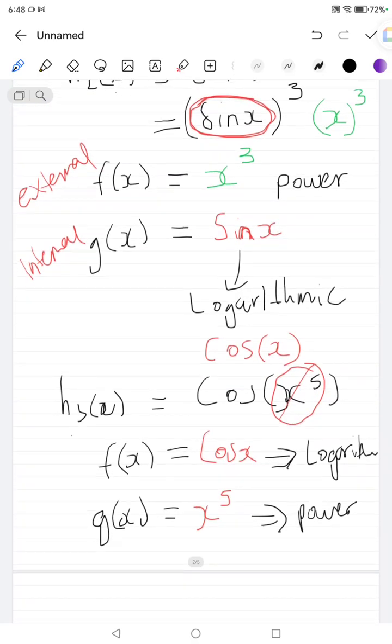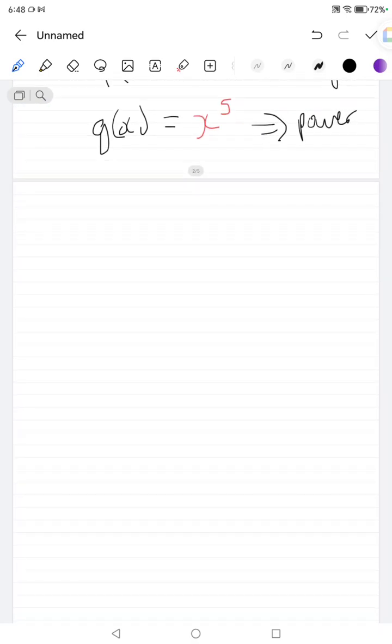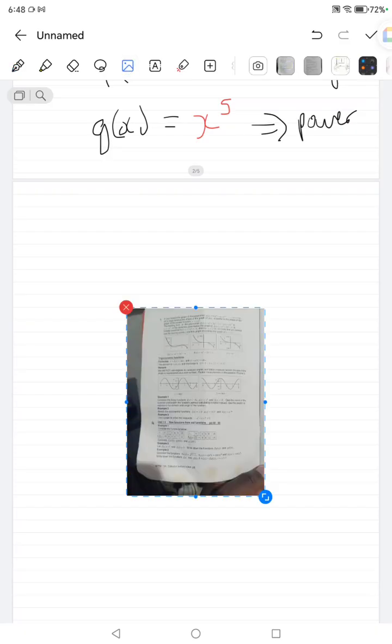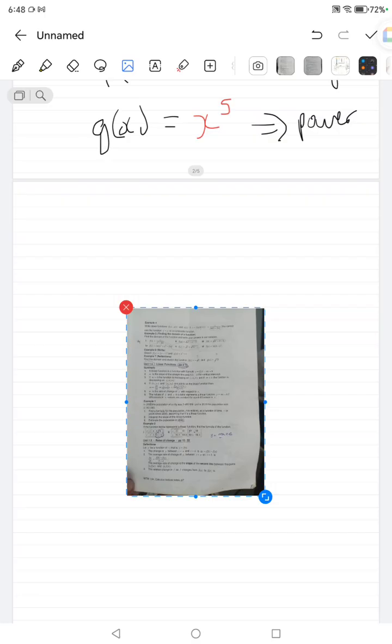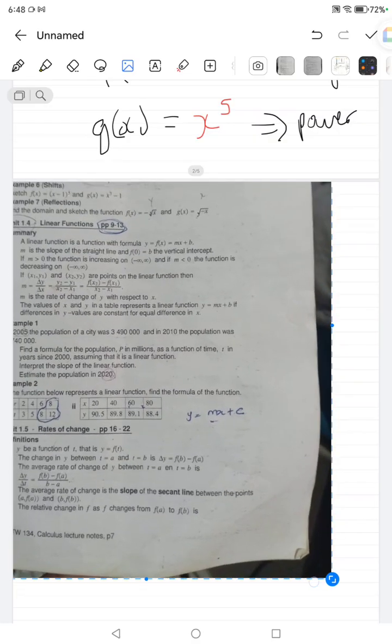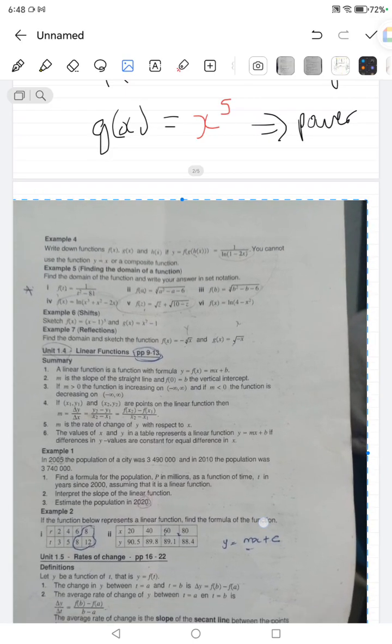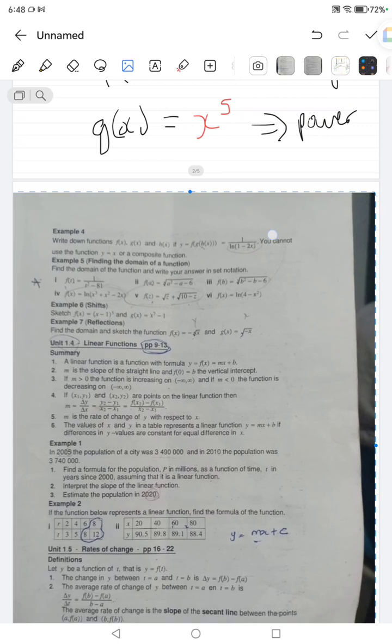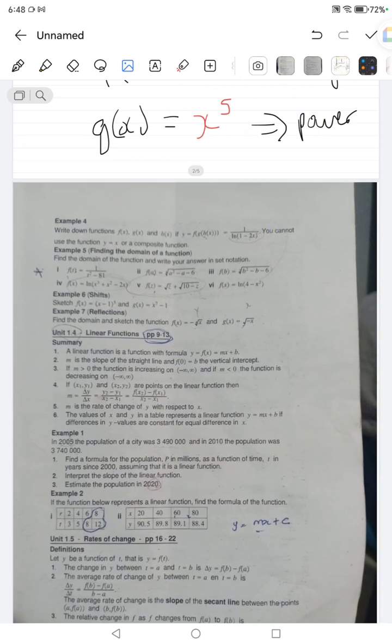Now let's make it a little bit harder with the other example, the continuing example at the top. So now we're going to be getting something that looks like this. Example 4. They say write the functions f of x, g of x, and h of x.